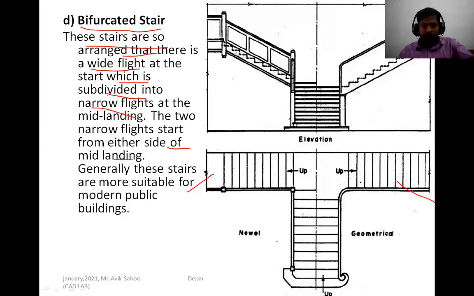Generally, these stairs are more suitable for modern public buildings, and the architectural appearance of this type of stair is good, so it is preferred in modern public buildings because of its architectural demand.